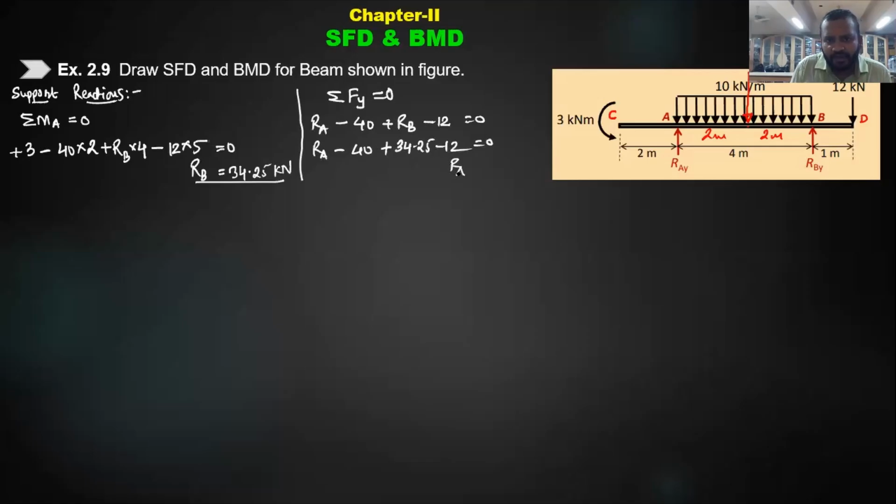So give me the value of RA as well. So it is 52 minus 34.25, 17.75. Very good. So now let's go to the next one.